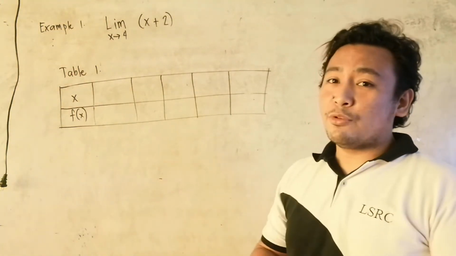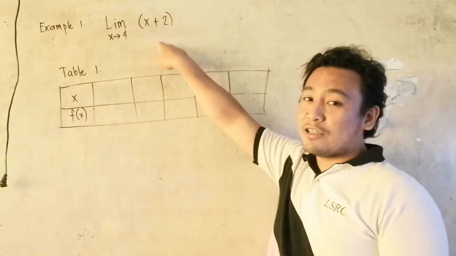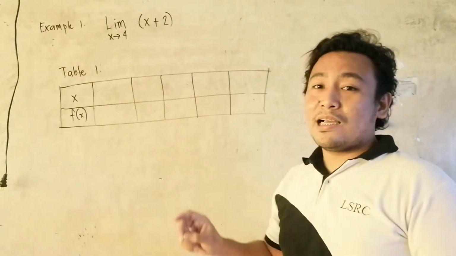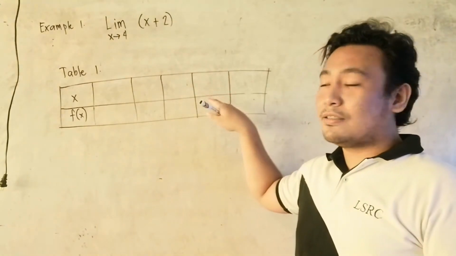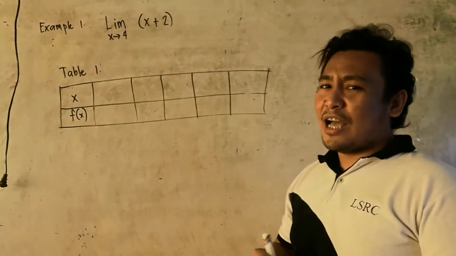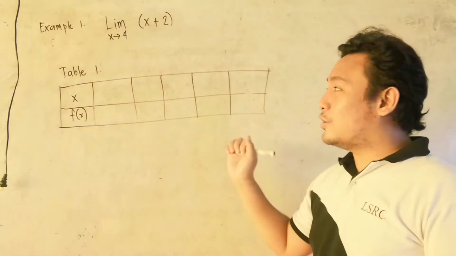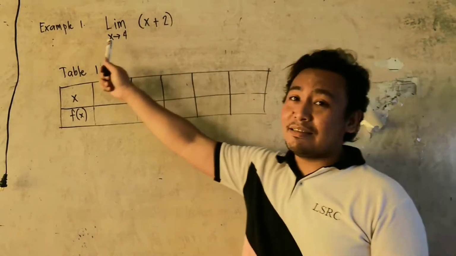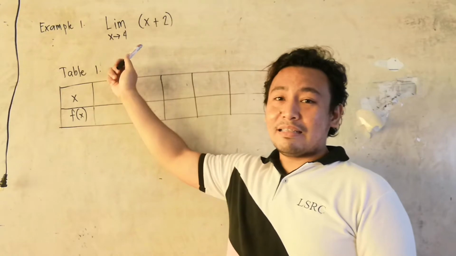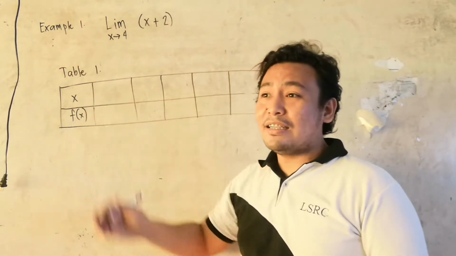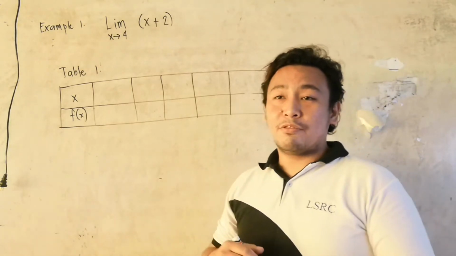At the same time, pwede natin isipin, ano-ano ba yung numbers na malapit sa 4? And the first thing we have to do para makuha natin yung limit ng given function is to construct a table of values. So let's have this first table. We have table 1. Ano-ano yung ilalagay natin sa value of x? Sabi nga dyan, as x approaches 4. Pag sinabi natin as x approaches 4, what are the numbers bago mag 4?